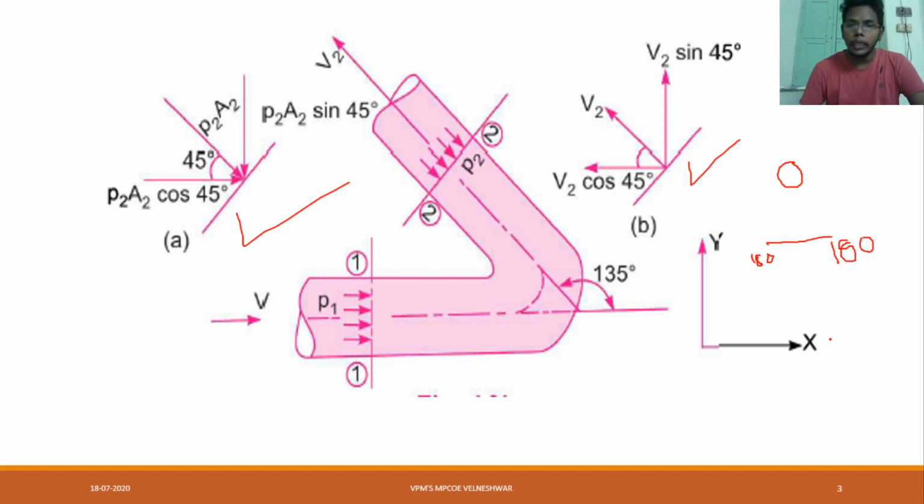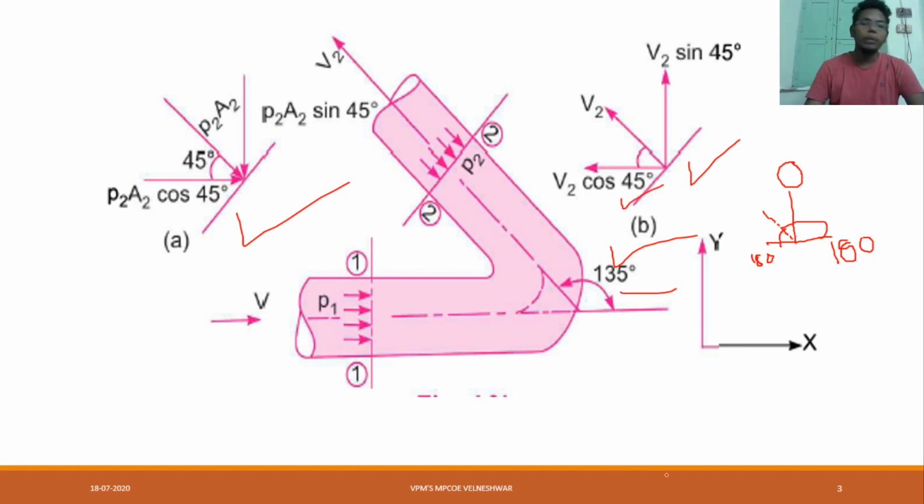Here how much has he given us? This distance is 135 degrees, and the remaining part is nothing but 180 minus 135, which gives 45 degrees.